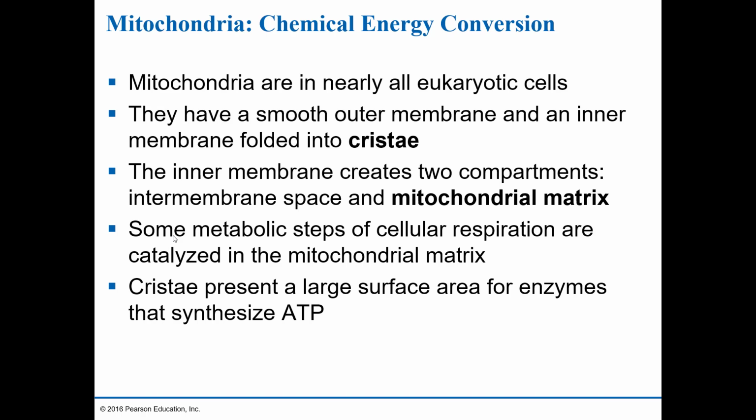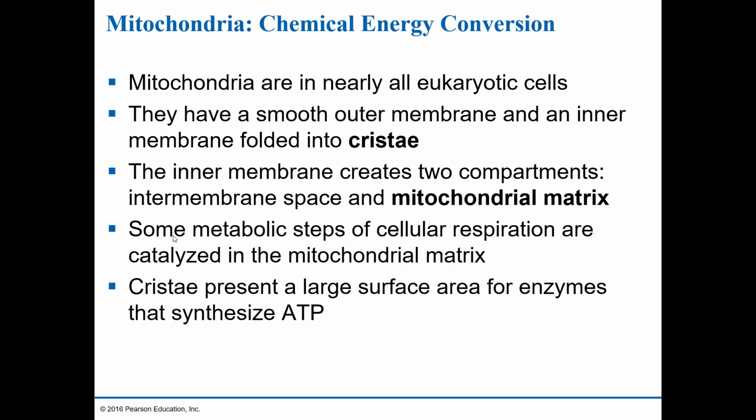Mitochondria are in nearly all eukaryotic cells. They have a smooth outer membrane, and then their inner membrane is actually longer than their outer membrane, but the inner membrane is super folded to make more surface area. We call that the cristae. The two membranes make a little space in between, and that's called the intermembrane space.